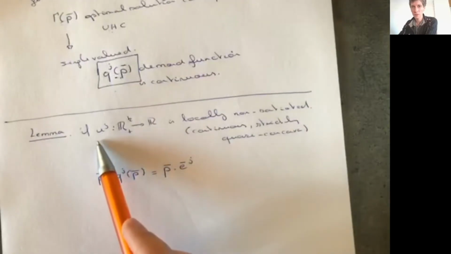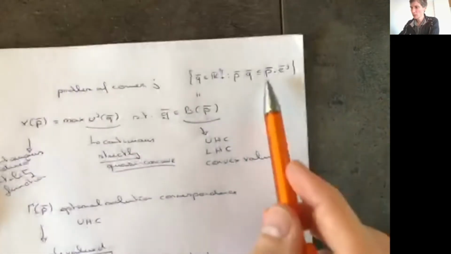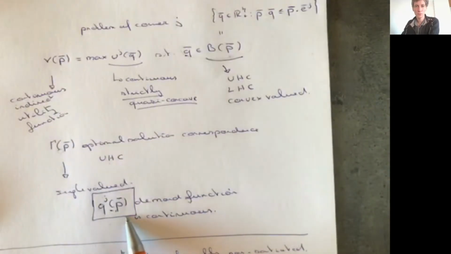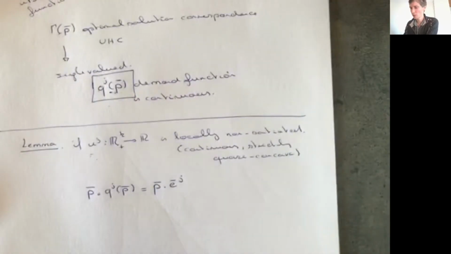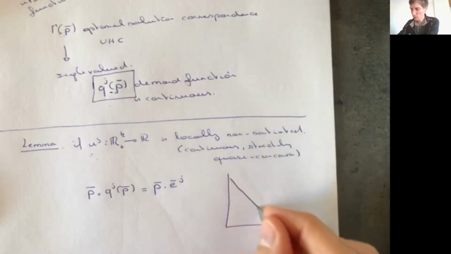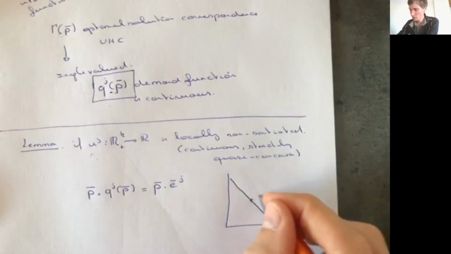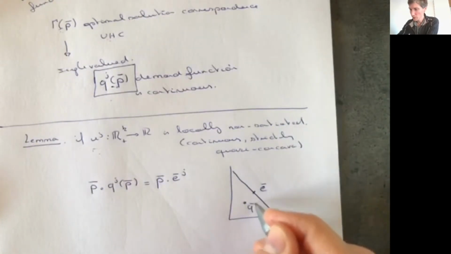Well, this lemma says that under local non-satiation, this will in fact be an equality at the optimal bundle, right? So at the optimal bundle, you will never consume inside, you can call this the interior of the budget line. Okay, so if this isn't your endowment, then it's impossible that your Q is inside, right?